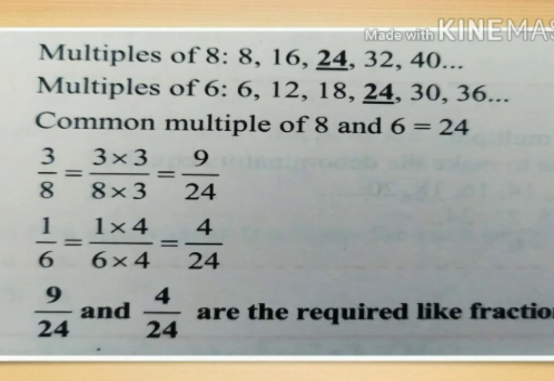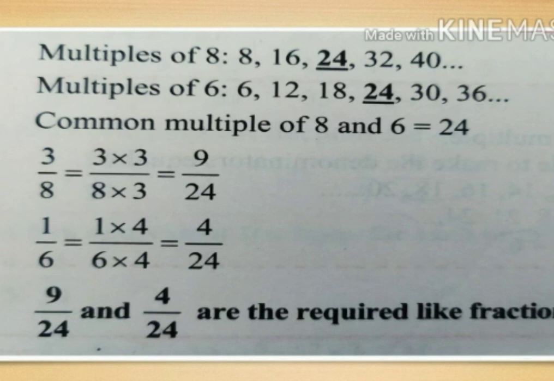Question number 7. 3 upon 8 and 1 upon 6. Multiples of 8 are 8, 16, 24, 32, 40 and so on. Multiples of 6 are 6, 12, 18, 24, 30, 36 and so on. Common multiple of 8 and 6 is 24.